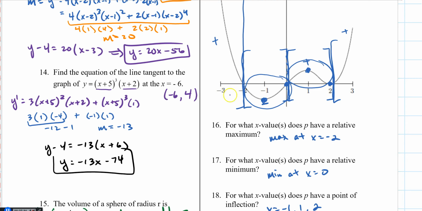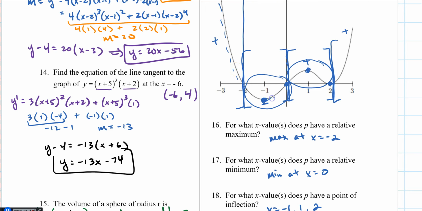Well, for everything less than -1, we have negative slopes of the tangent line. So we are decreasing, or concave down, at anything less than -2. I'm sorry, less than -1.